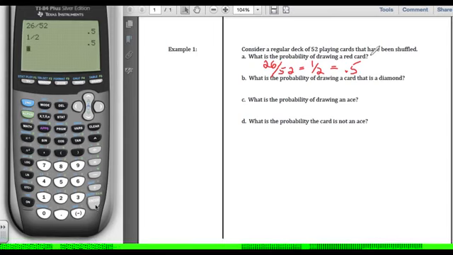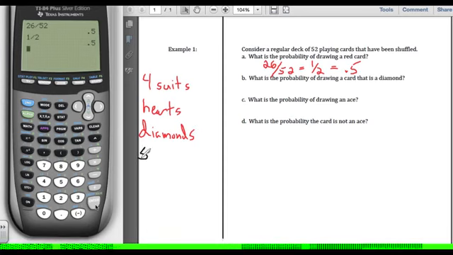And before I move on to parts B, C, and D, I know that not everybody is familiar with a deck of cards. So just to break that down on the side here, to begin with, there are 4 suits. There are hearts, which are red cards. There are diamonds, which are red cards.